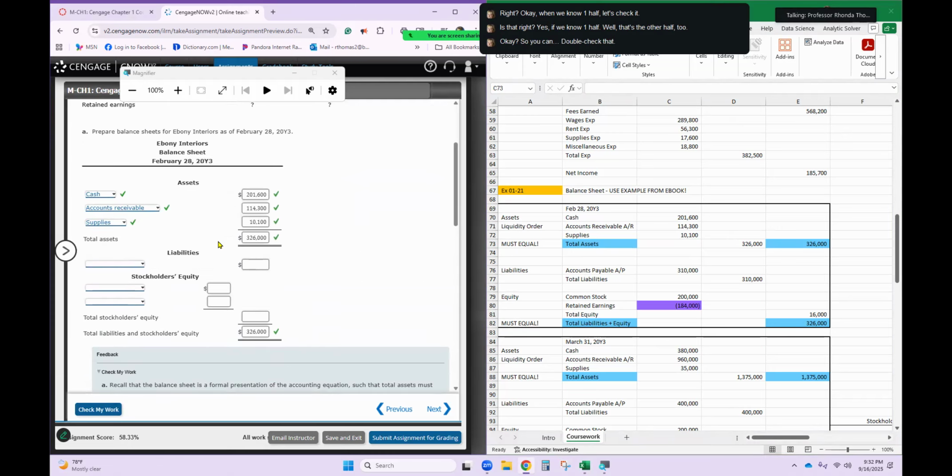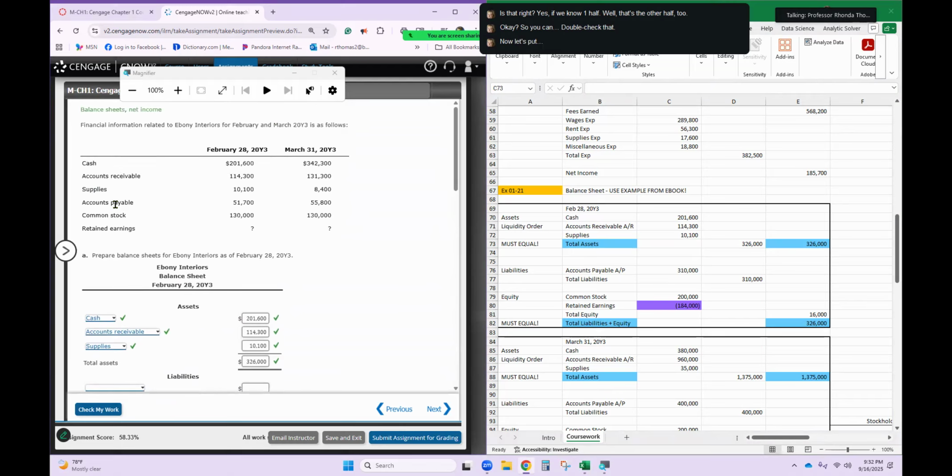Now let's put the liability in. There's only one. So the liability is 51,700. Okay, and common stock did not change between the 2 months. So common stock is 130,000.